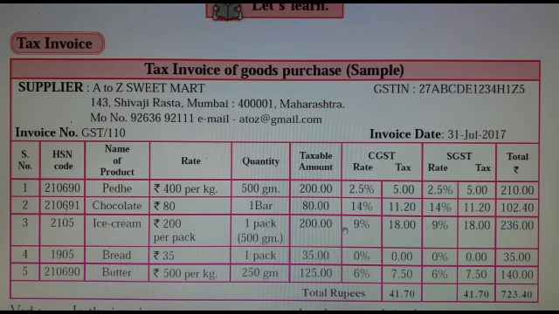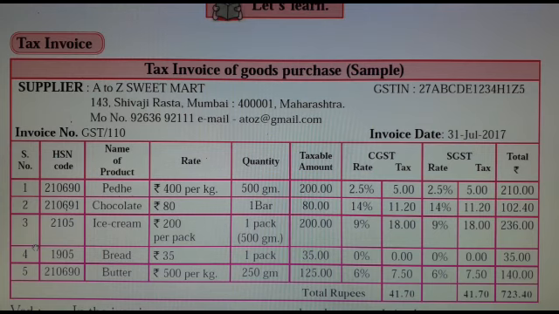And 9% of 200 means 18 rupees is the tax paid to the central government. 18 rupees is the tax paid to the state government. The price of that article is 200 rupees. Now we are paying the tax 18 rupees to central government, 18 rupees to state government. That means 36 rupees is the tax on the ice cream, and the total amount is 236.